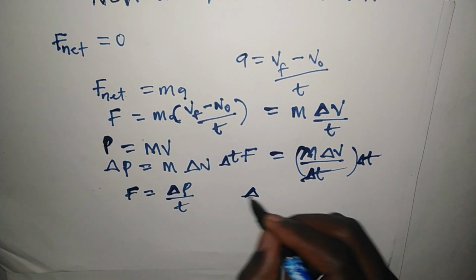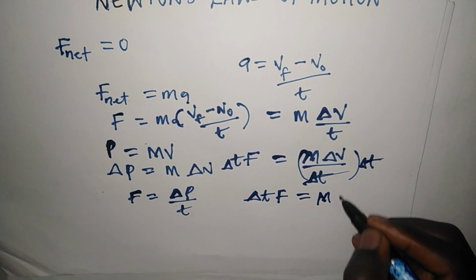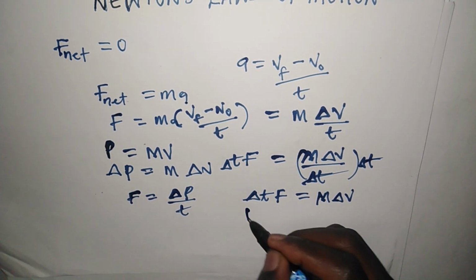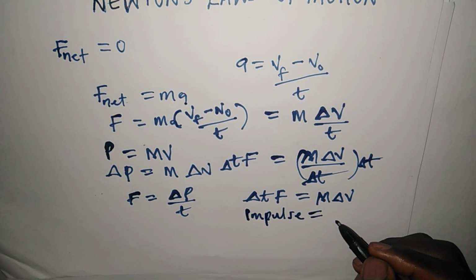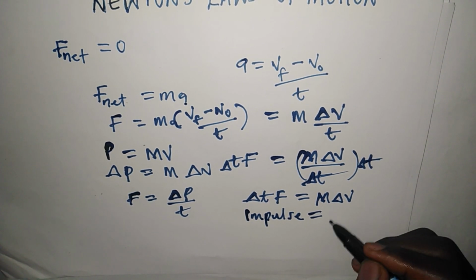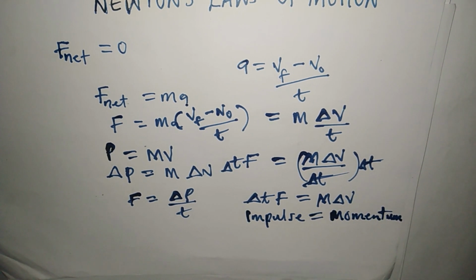So we have force times change in t is equal to mass times change in velocity. And we know that force times change in time is equal to impulse, and this side is equal to the change in momentum. So please keep all these formulas in mind. We're going to use them as we proceed.